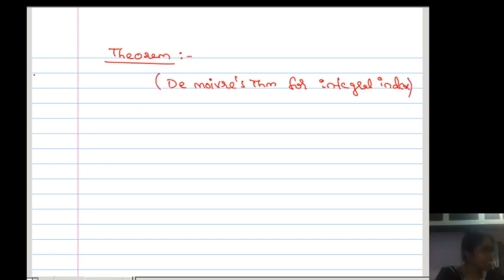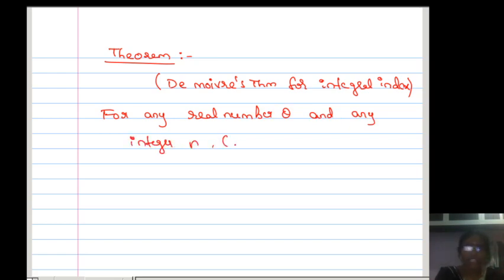Now, first write down the statement. What is the statement here? For any real number theta and any integer n, the relation is: (cos theta plus i sin theta) whole power n is equal to cos n theta plus i sin n theta.